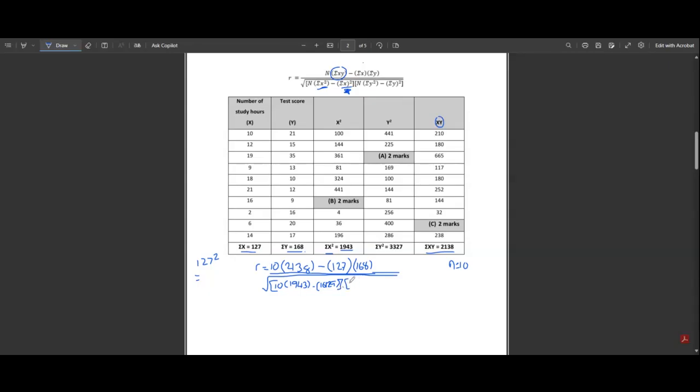Okay, and then that will be times by the same situation for the y values. Okay, so we need the sum of the y squared values. That's this one. 3327. Okay, then can someone please figure out that value for me? It will be 168 squared. 28224, yes.